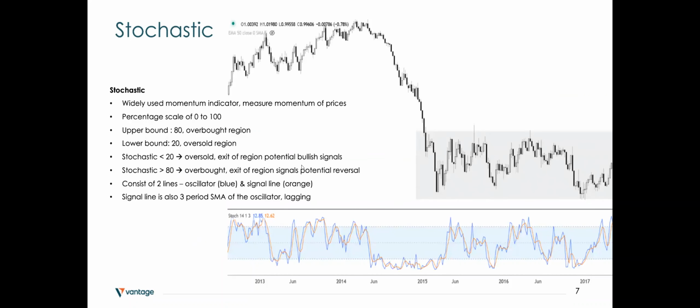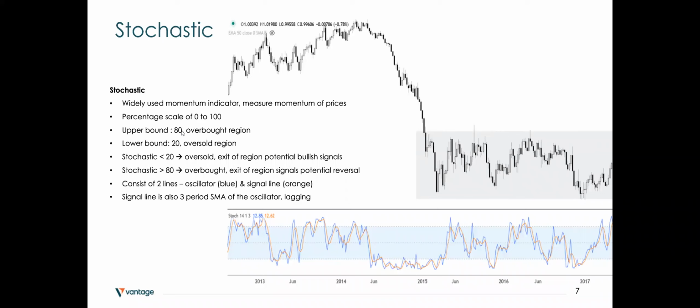The main use of the stochastic indicator is to determine momentum, which is basically the rate of change of prices. A lot of these indicators or oscillators are actually measuring the momentum of price. It scales from 0 to 100.